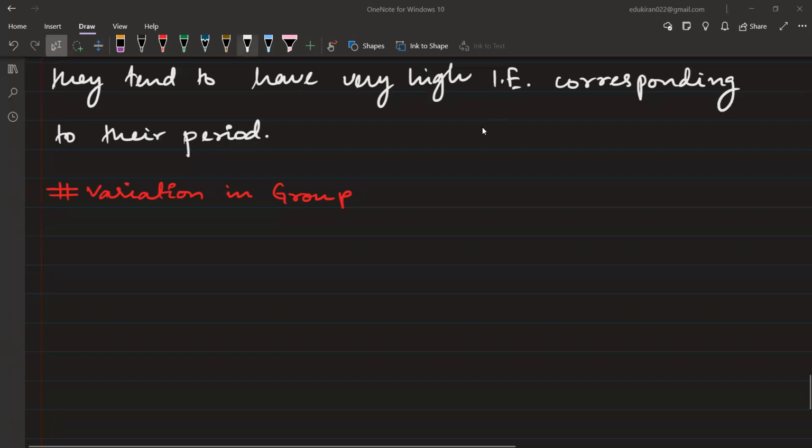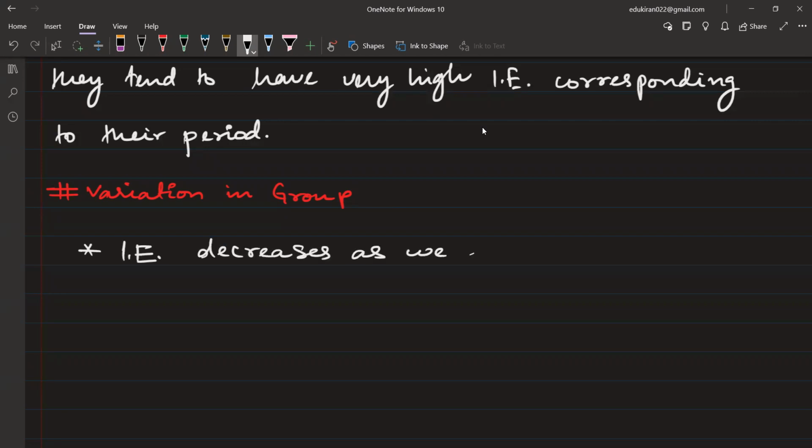Okay, so please write here. Ionization enthalpy decreases as we go down the group. As we go down the group. Why?